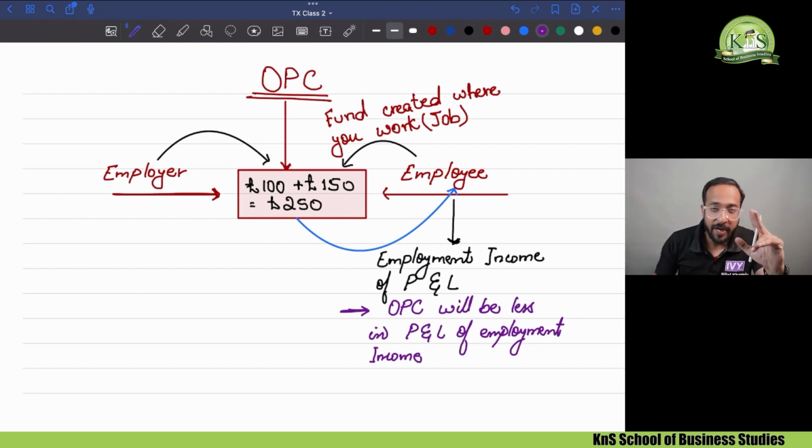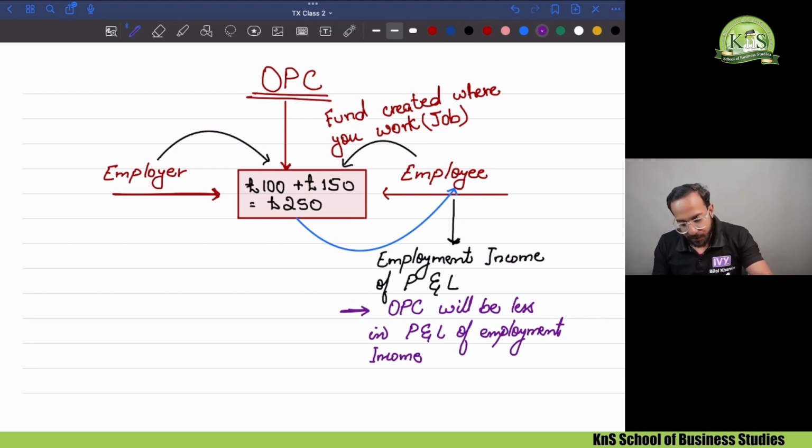So be careful. The contribution which is contributed by the employee will be deducted from the P&L of employment income, because employment P&L belongs to the employee, right?